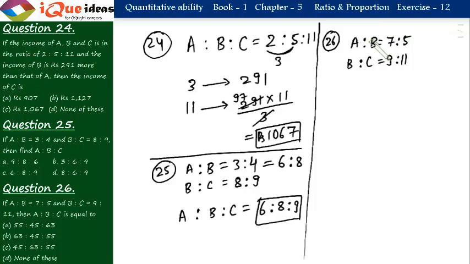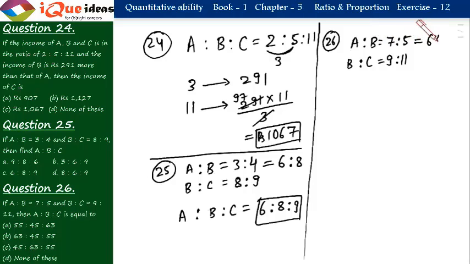Make them same. To make 5 and 9 same, we need to take the LCM of 5 and 9, that is 45. So make sure that the value of B comes out to be 45. Now in the first ratio, the value of B is 5. To make it 45, we need to multiply by 9.